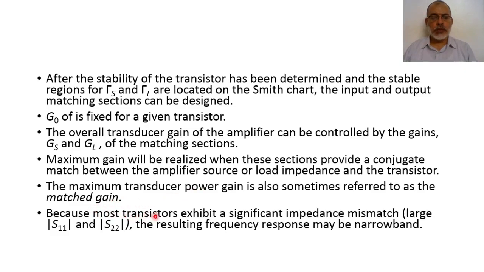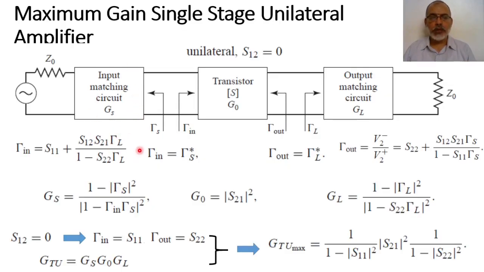Because most transistors exhibit significant impedance mismatch, which means that the magnitudes of S11 and S22 are large, the resulting frequency response may be narrow band. This means that we are going to design an input matching network and output matching network to make the output of the transistor matched to Z naught and the input of the transistor matched to Z naught.